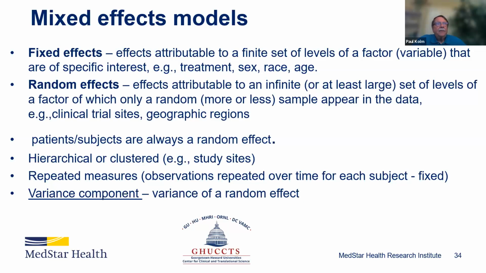Then if we have study sites or geographic regions or some other random effect there, we refer to that as hierarchical or clustered. In other words, we have a set of patients coming from one study site, a set of patients coming from another one. And so the question is, do the different sites affect our outcome?